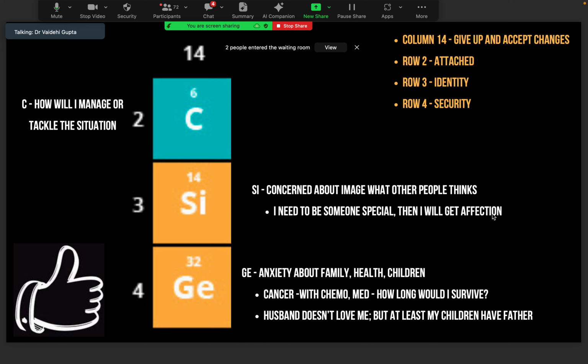I am a sufferer of cancer, but I accept that change. Now what? This is a feeling in germanium. Just like that, when a woman thinks that her husband doesn't love her, but she doesn't want divorce, because although her husband doesn't love her, at least her children have a father. That's why she doesn't want divorce.